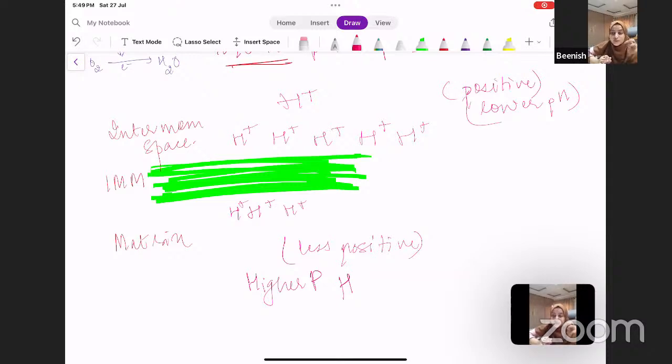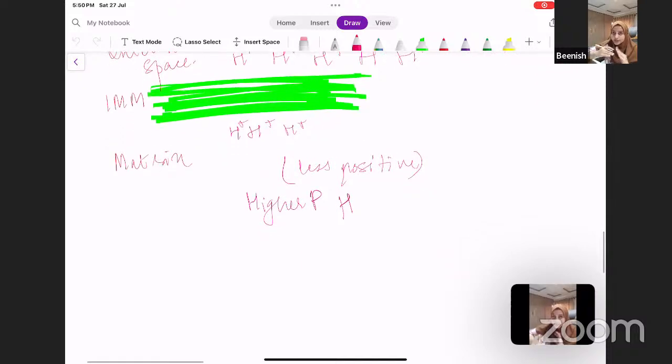Now because of this potential difference, the protons would want to go into the matrix from the intermembrane space. The F naught subunit is going to act as a proton channel. The matrix is less positive as compared to the intermembrane space, so the protons are going to move into the matrix through the F naught subunit.